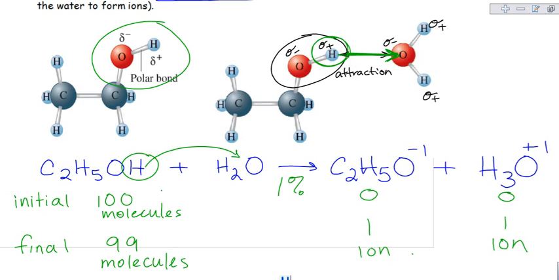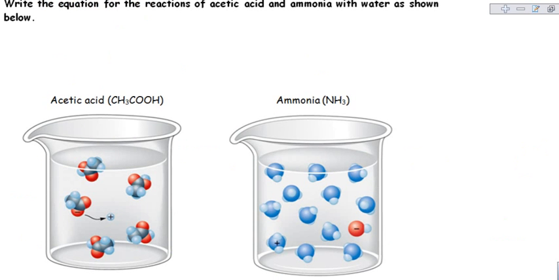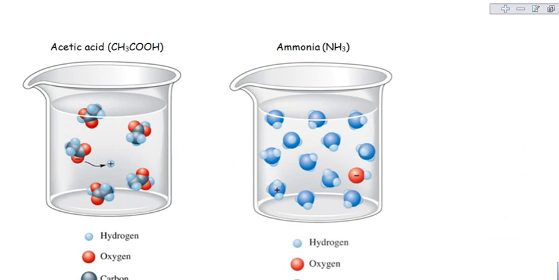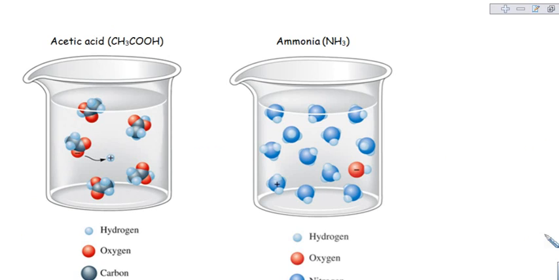Here are a couple other examples. And I like this visual because it kind of shows what's happening in a weak electrolyte. In a weak electrolyte, you'll have mostly neutral molecules.